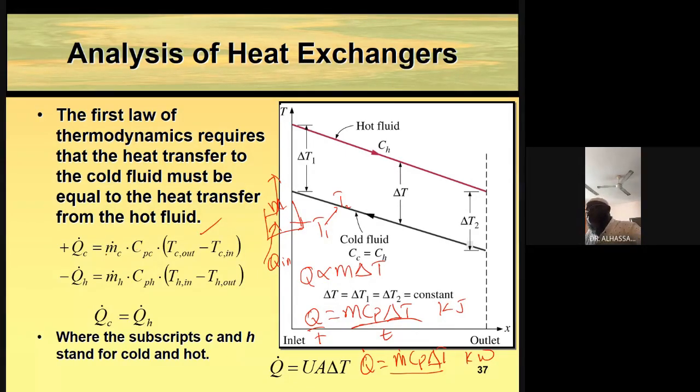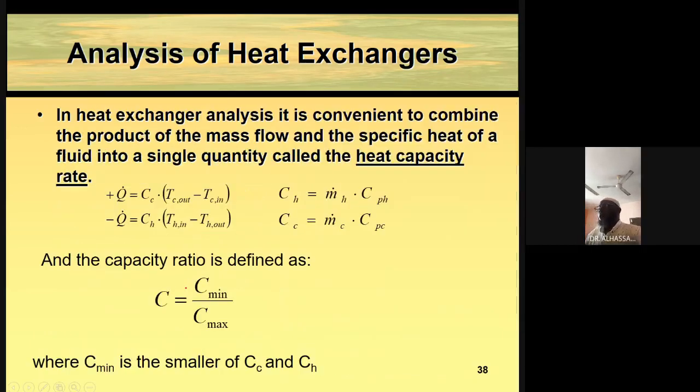Whenever you have a fluid flowing and exchanging heat with another fluid, the amount of energy gained by that fluid is the mass flow rate of the fluid times the specific heat capacity times the temperature difference. Now we want to simplify this equation by defining a new term called heat capacity rate.